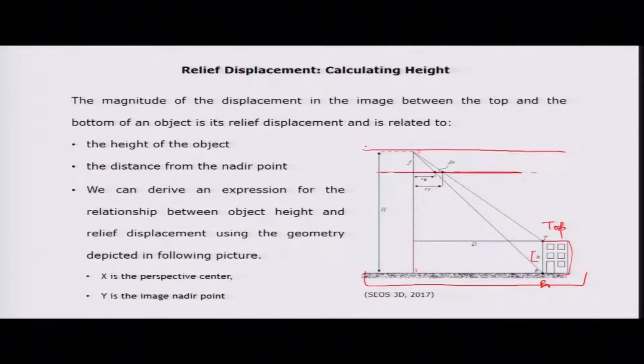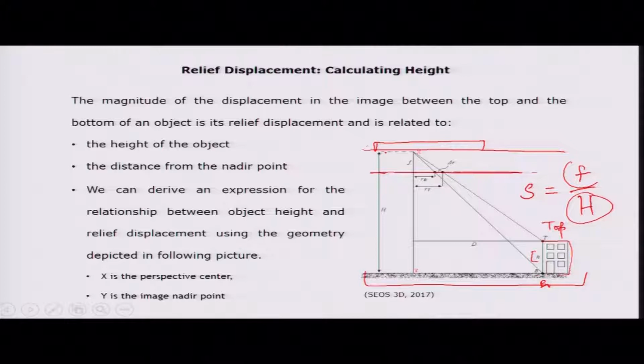You can have the image of this ground over here. This is the focal length, and as you know the scale of a photograph is f by h, where f is focal length and h is the altitude at which there is flight.